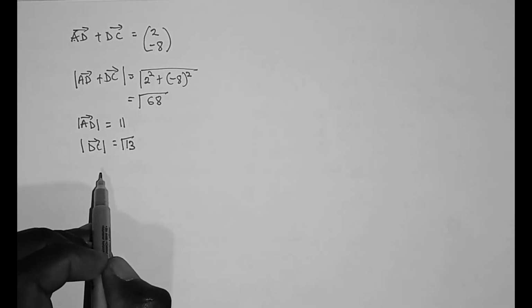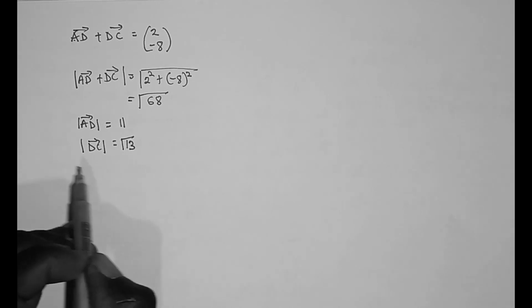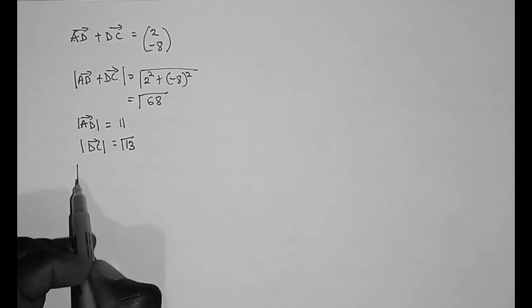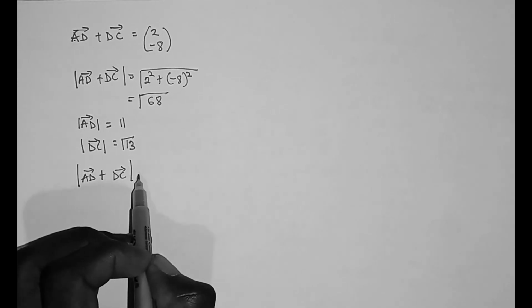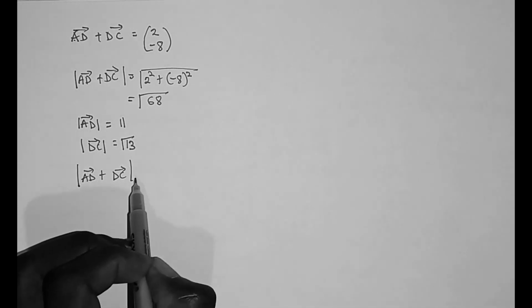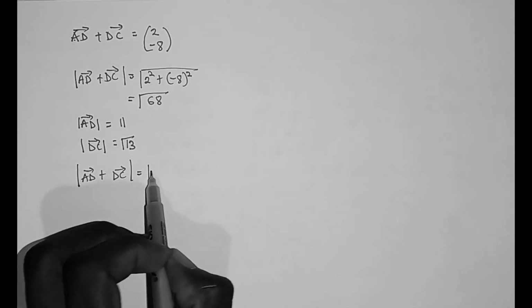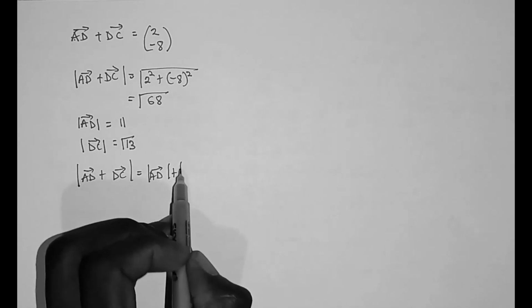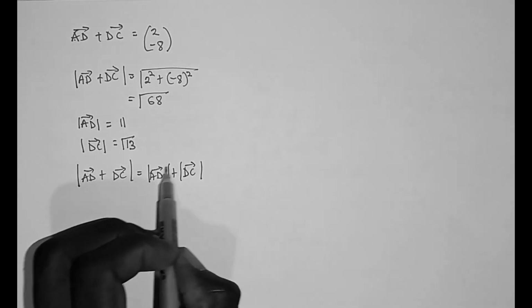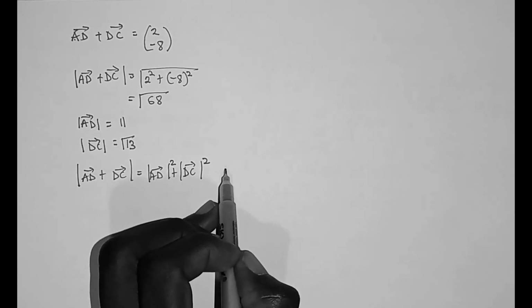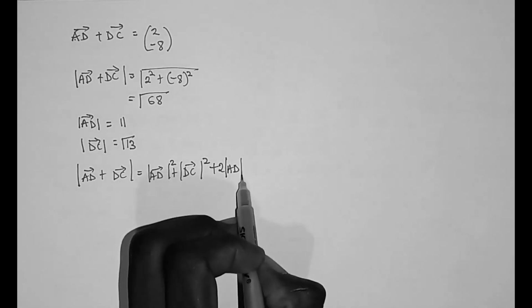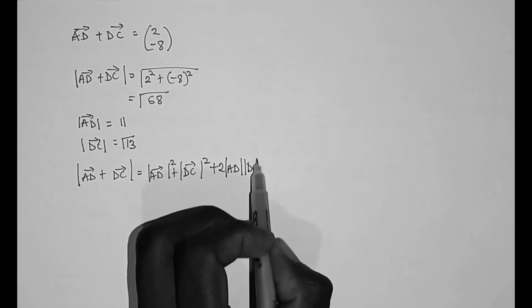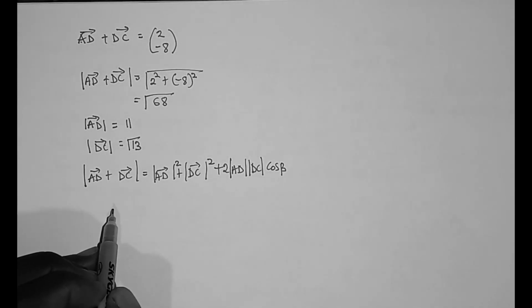So to find the angle between AD and DC, we said, according to the cosine rule, magnitude of AD plus vector DC, squared, is equal to magnitude of vector AD squared plus magnitude of vector DC squared plus 2 times magnitude of AD times magnitude of DC cos the angle between them, which is beta. So let's go ahead and substitute the values.